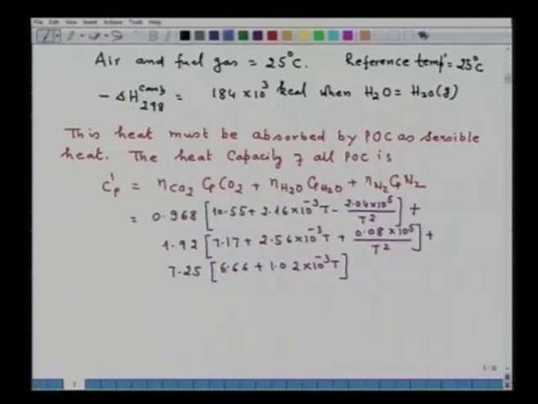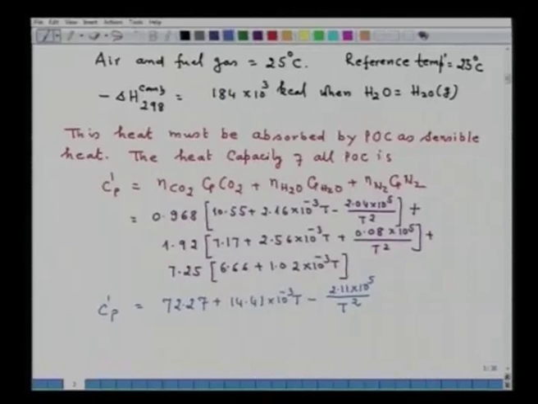So, if I solve it, then C dash P is equal to 72.27 plus 14.41 into 10 to the power minus 3 T minus 2.11 into 10 to the power 5 upon T square.